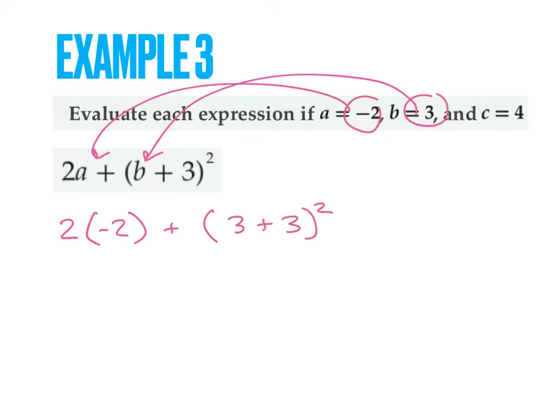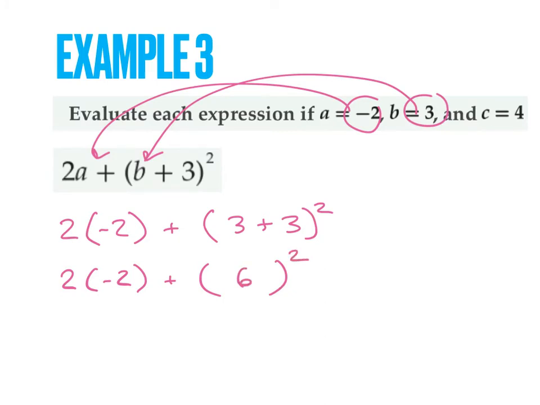What do we do first? Multiply. Multiply what? 2 times negative 2. Before we do that, what's our first order of operation? Parentheses. So we have 2 times negative 2, and then 3 plus 3 is 6.